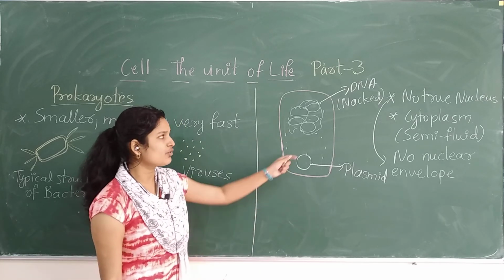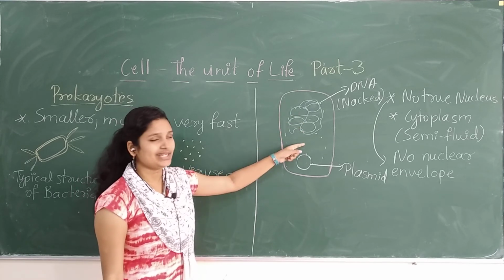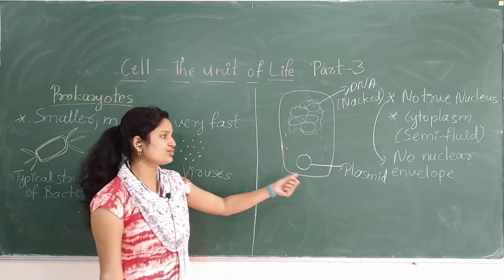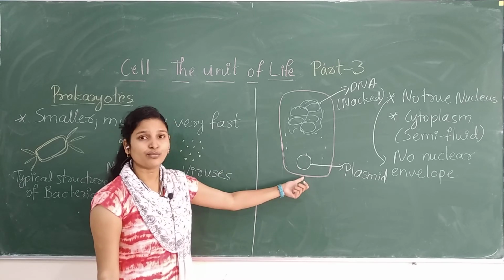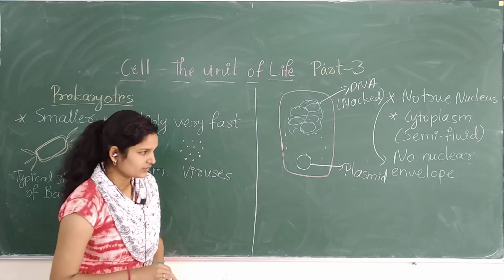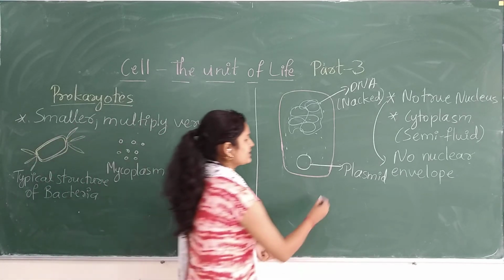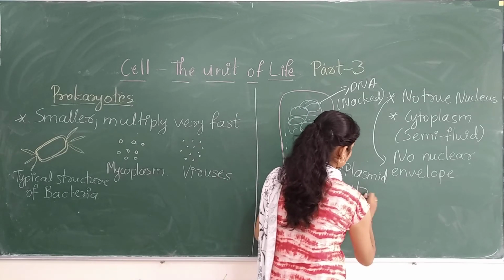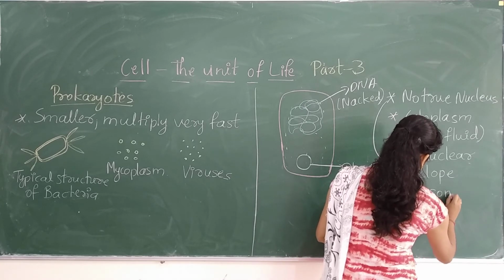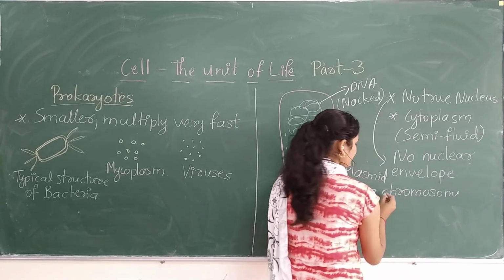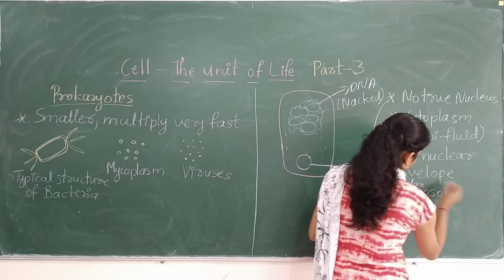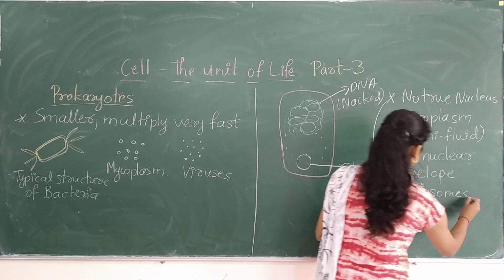Already it has the genetic material. Then what is the necessity for a prokaryote to have this circular chromosome, the plasmid? So plasmid is nothing but an extra circular chromosome.